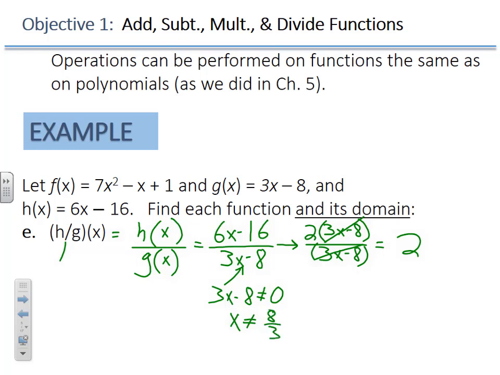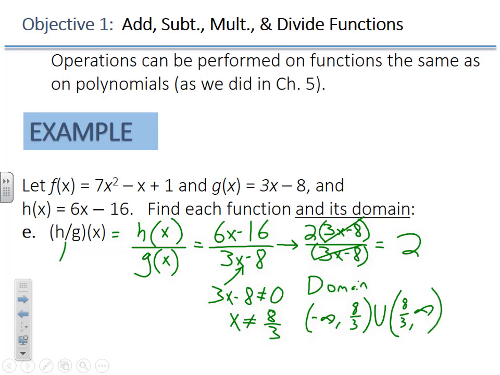And so our domain of h over g of x is negative infinity up to 8/3, joined with all the points on the other side of 8/3, 8/3 to infinity. Just one number there that we're not allowed to plug in to our function.